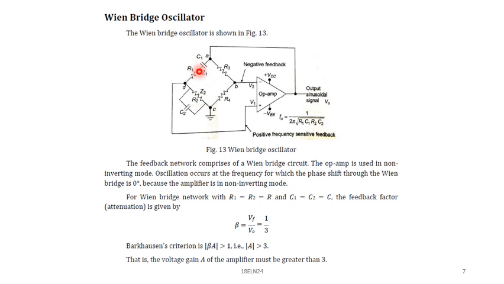So this is the lead network, this is called the lag network. The feedback network comprises the Wien-Bridge circuit. The op-amp is used in non-inverting mode, and oscillation occurs at the frequency for which the phase shift through the Wien-Bridge is 0. So the phase shift in this feedback network should be 0 because the amplifier is in non-inverting mode.